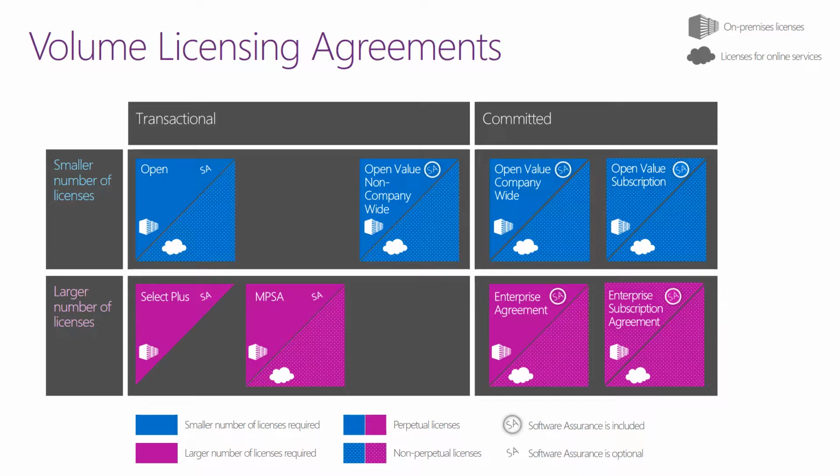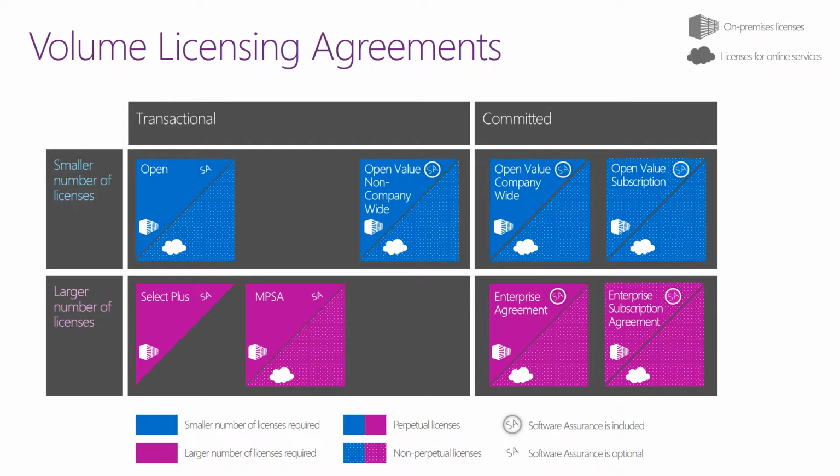Let's get a little more detail now about the differences between the two types of Enterprise Agreement. Both of these agreements allow customers to acquire licenses for on-premises software, such as Windows 10 and Office, or Windows Server and SQL Server, and that's shown by the little servers. However, the difference between the agreements is the background to that triangle. You'll see that it's solid on the left-hand Enterprise Agreement and dotty on the right-hand one.